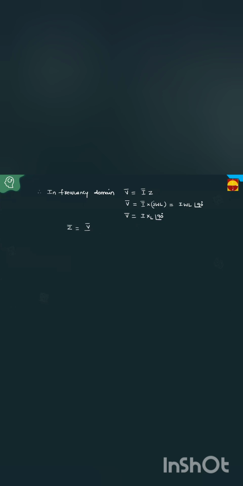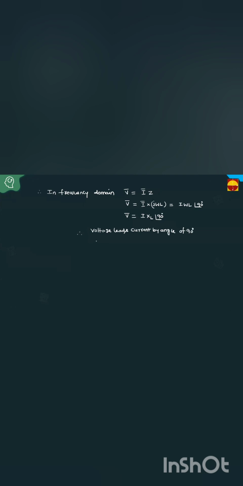What is the observation here? The angle is plus 90 degrees. That is, voltage leads current by an angle of 90 degrees.